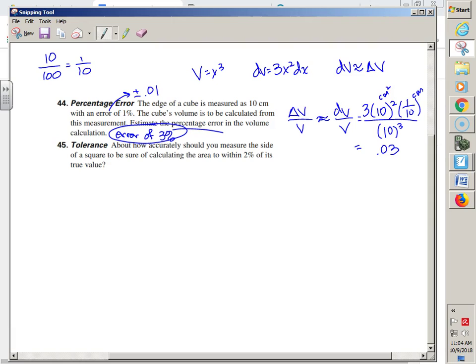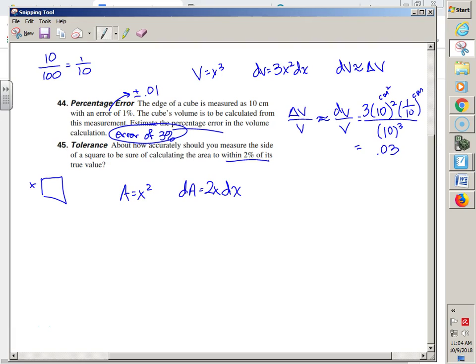Side of a square, we're going to call the square an x again. So area formula, A equals x squared. So dA is equal to 2x dx. Within 2%, that means the error is plus or minus 2%, right?